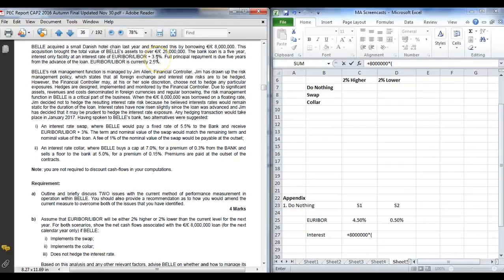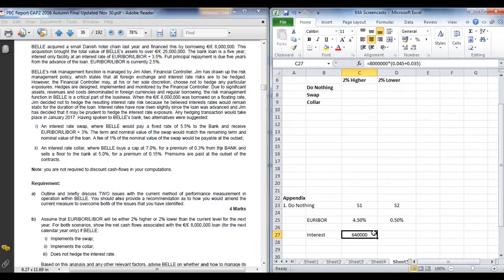And in this case the margin is 3.5%, therefore it'll be 4.5% plus 3.5%, so 8% overall. Meaning if we do nothing and the interest rate rises, which is the one Bell is afraid of, they're going to pay 640,000 in interest in year 1 or next year.